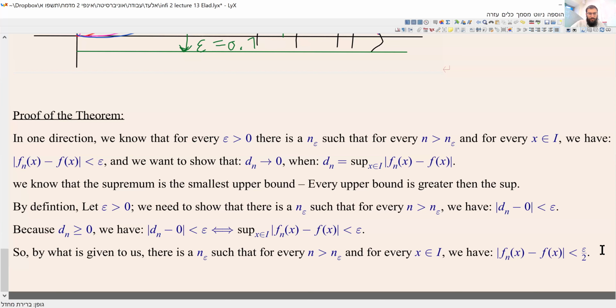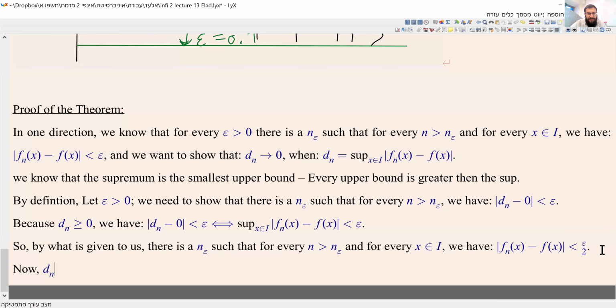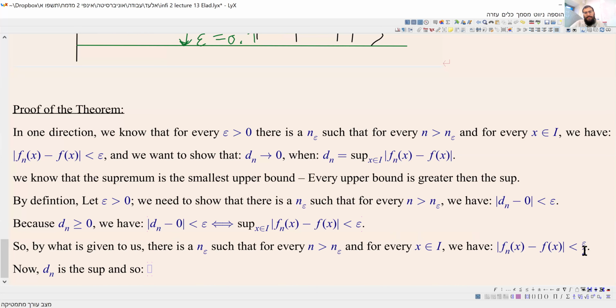Now, dn is the sup, and so it is smaller or equal to every upper bound. I consider epsilon over 2 to be the upper bound right now.